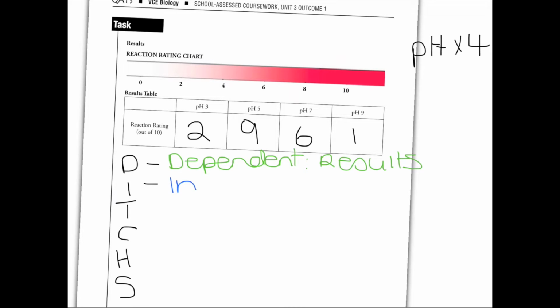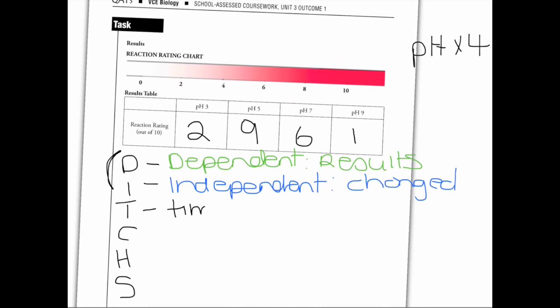You need to be able to identify the independent variable, which is what is being tested or changed, and there's only ever one of them. If there's more than one within the one experiment or test, then it's unfair, okay? And the results will not be reliable. So these are the two main ones that you need to know about.